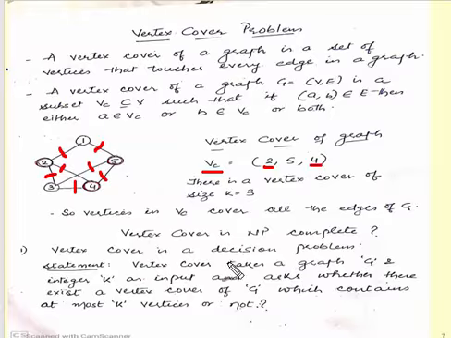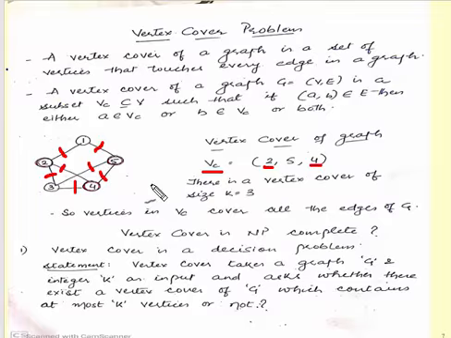We need to find out whether it is a decision problem. That means we need to put this problem in such a way that the output should be either yes or no. Like here, suppose a graph is given to you, you can ask the question: is there any vertex cover of size k?